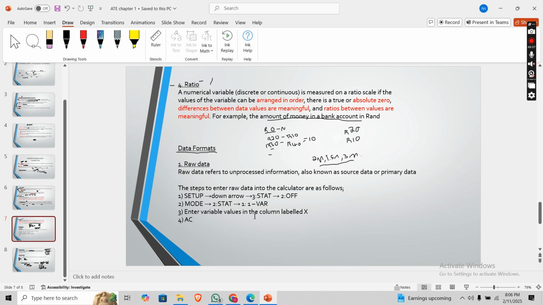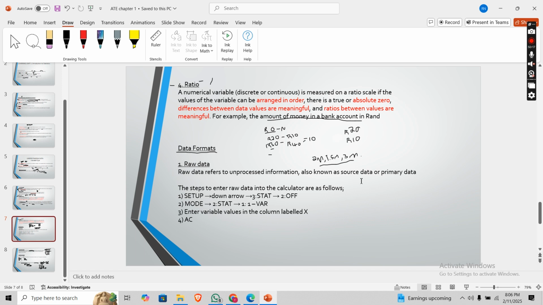Then you press option number 3, and it will ask you whether to reset all, and then you press the equal sign, which is yes, and after that you press AC, and then your calculator will be back to normal.